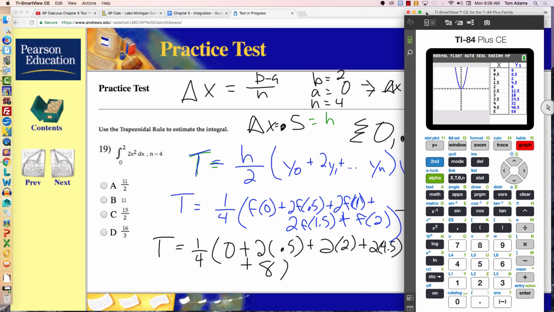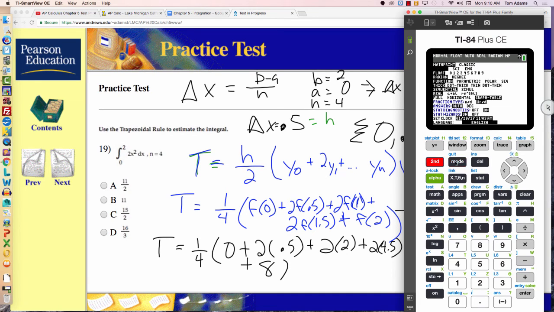Now, I'm going to plug those in. Let me clear this out. So I'm going to say 0.25, start my parentheses, 0 plus 2 times 0.5 plus 2 times 2 plus 2 times 4.5 plus 8.